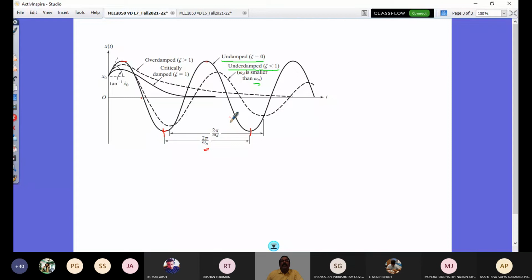And you have, of course, the amplitude X. That can also be represented by X naught e raised to minus zeta omega n t sin of omega d t plus phi naught. So these can all be three forms.